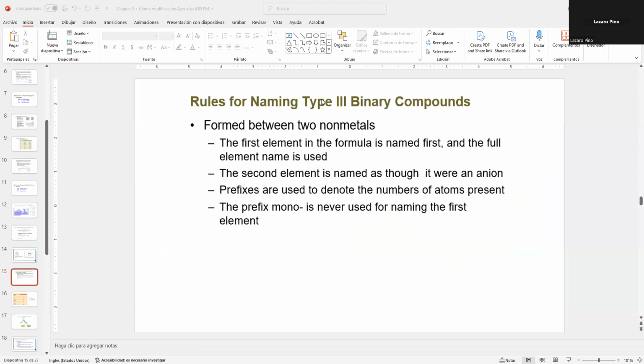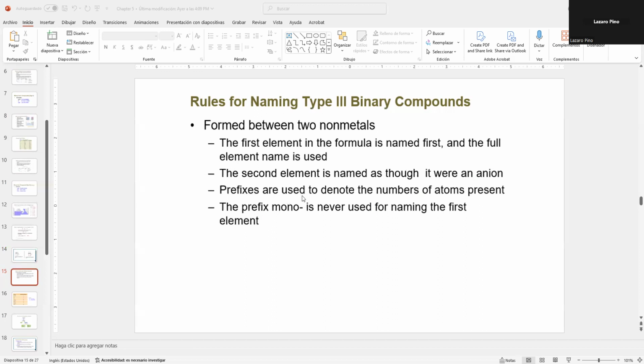Rules for naming type 2 binary compounds. The first element in the formula is named first, and the full element name is used. The second element is named as though it were an anion. Then we change the ending to "ide."